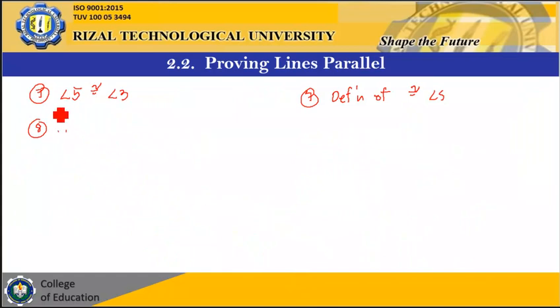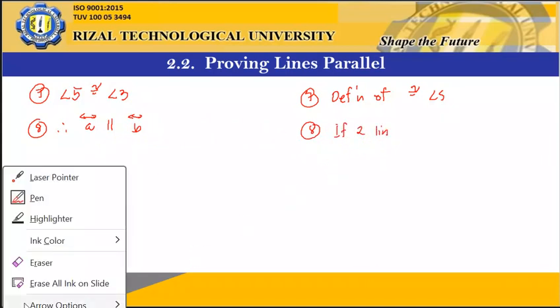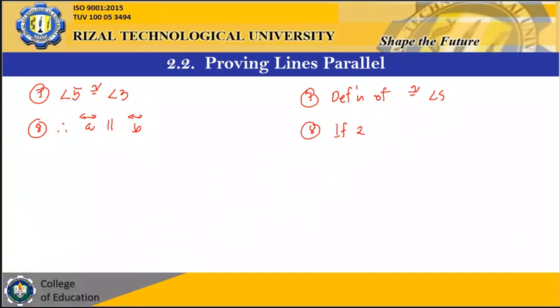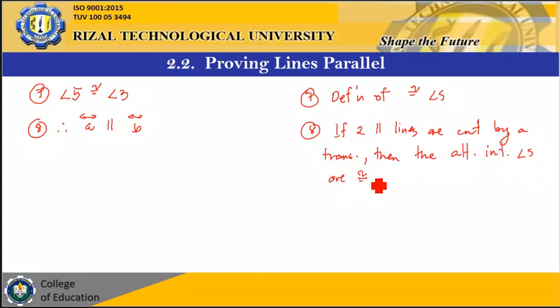And since they are alternate interior angles, therefore we can conclude that line A is parallel to line B, because if two parallel lines are cut by a transversal, then the alternate interior angles are congruent.